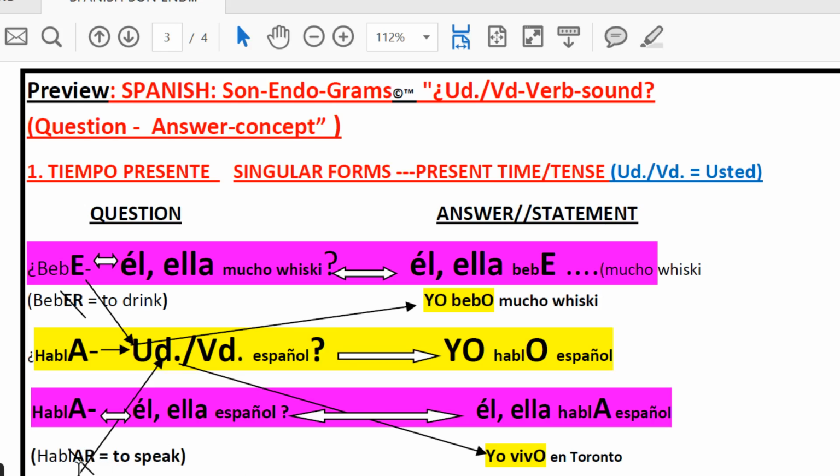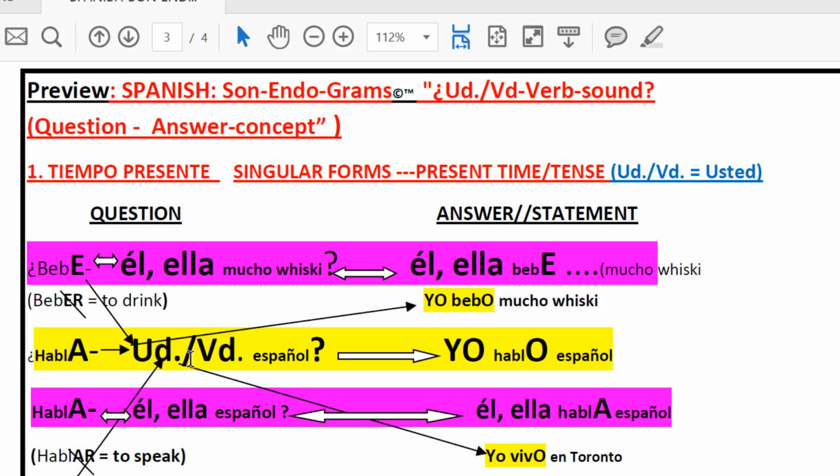Now, if you take off the AR from hablar, that sound ending, the sound ending a goes with usted. This is the principal question sound here in the yellow horizontal bar.